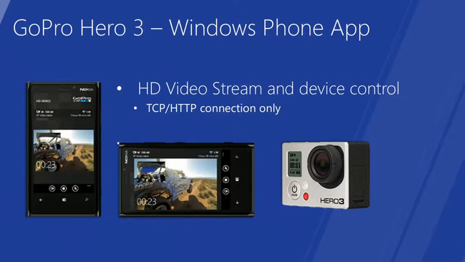Then you just open up an HTTP style media stream, and you can start streaming down the frames to the device, which means you get this HD camera output onto your phone. It's very, very easy for them to integrate into what's quite a complicated device, just using their knowledge of HTTP. I didn't work on this project, but I know the guys that did, and they didn't require any external help.